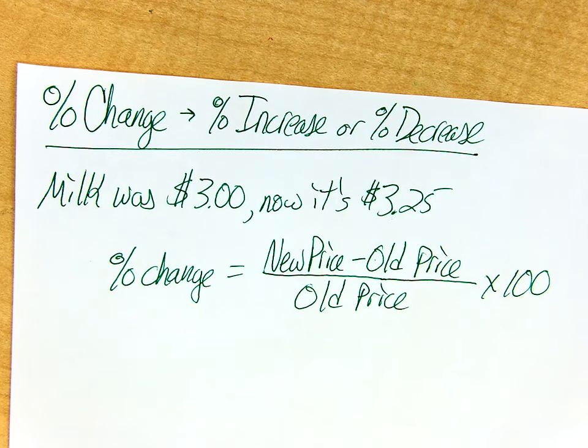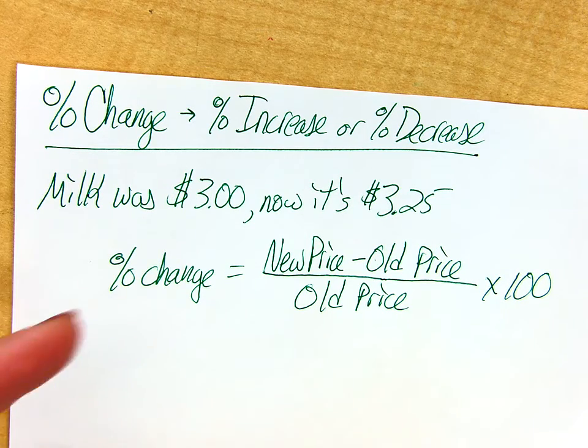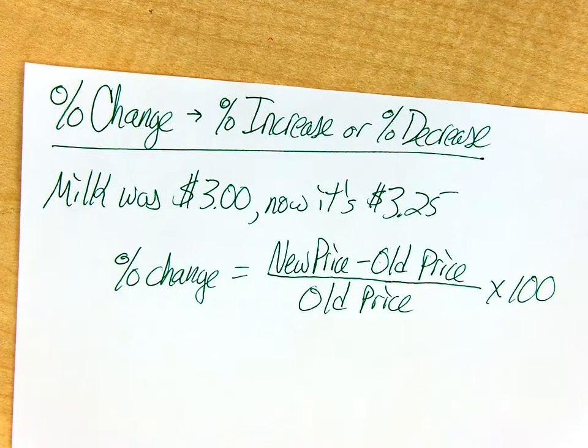Now, if this number comes out to be a negative, that means that it's a percent decrease. But you would know that from the beginning, right? Is mine going to be an increase or a decrease? I went from $3 to $3.25. It's an increase. So you can tell just by reading if it's going to go up or down. My number should come out positive.